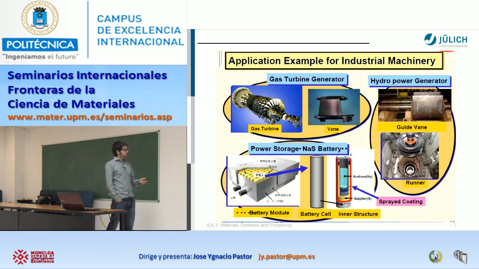Here more examples. Of course, we talked all the time in the other two sessions about gas turbines. One gas turbine with all these small vanes that you can release. Here one of them, but there are applications for others.